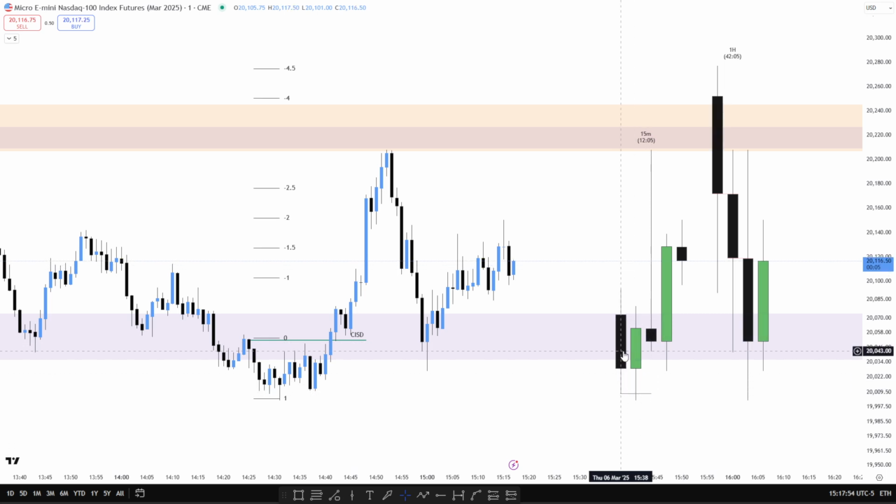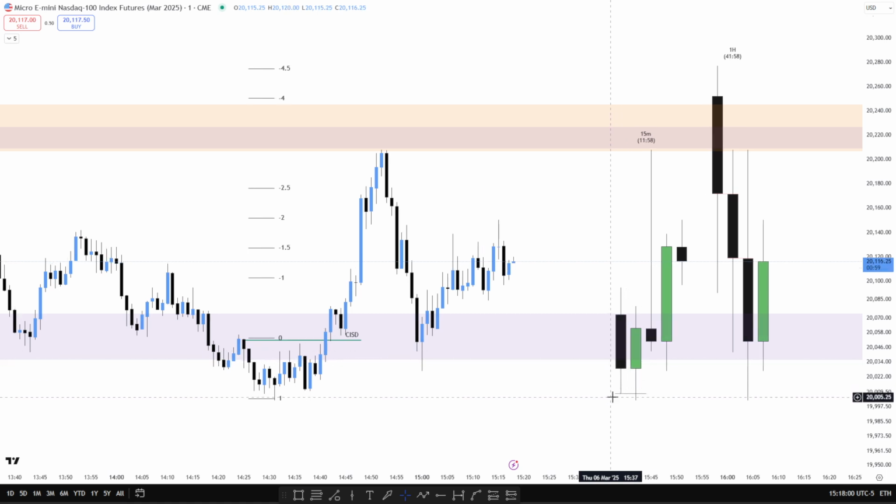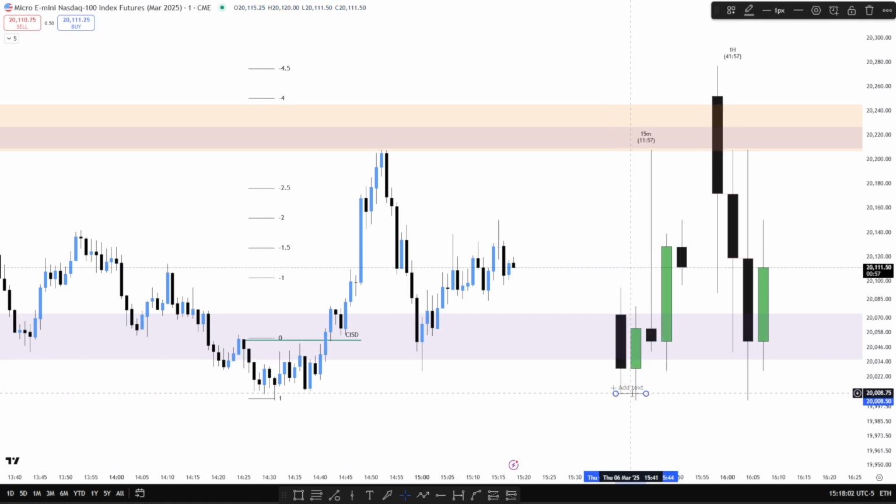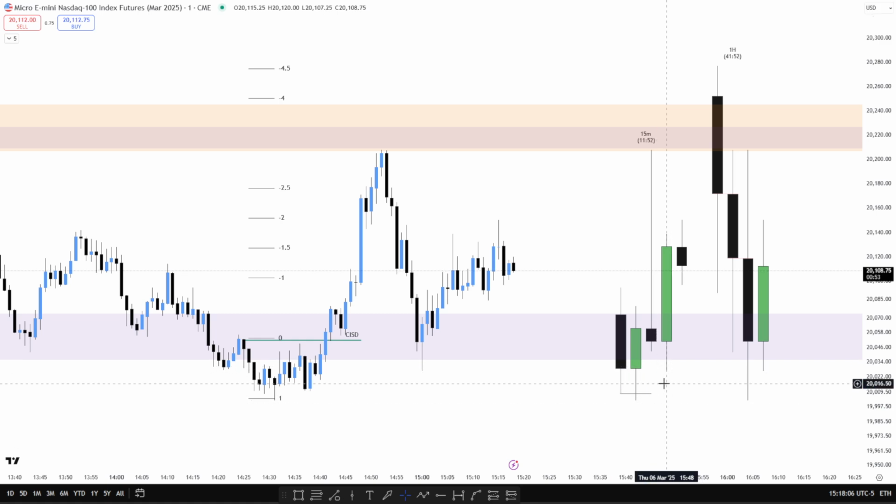That's where T-Trades' concept comes into play: the market really doesn't reverse unless there's a swing point that has been defined. And that's what this is.